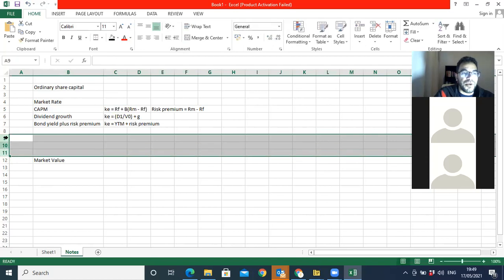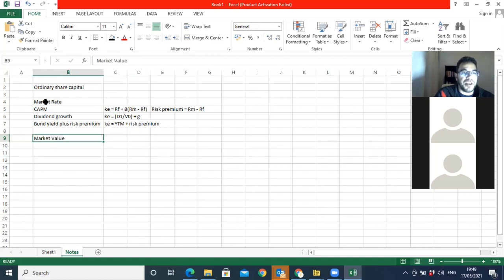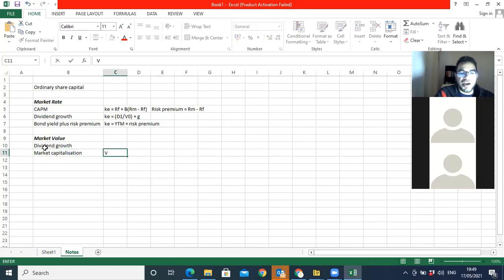When it comes to the market rate or the market value for ordinary share capital, there are two methods. The two methods: dividend growth, and market capitalization. Market capitalization, market value, or value equals number of shares in issue multiplied by share price.